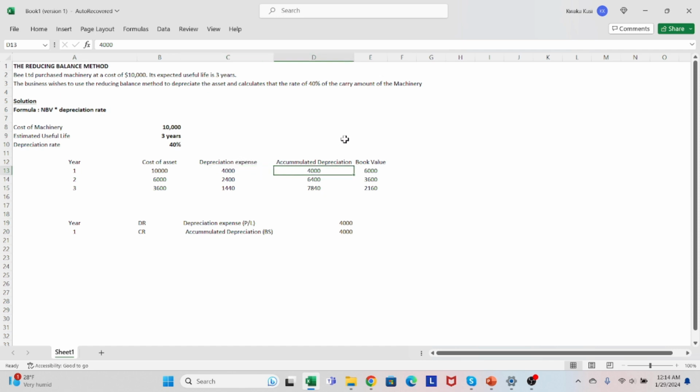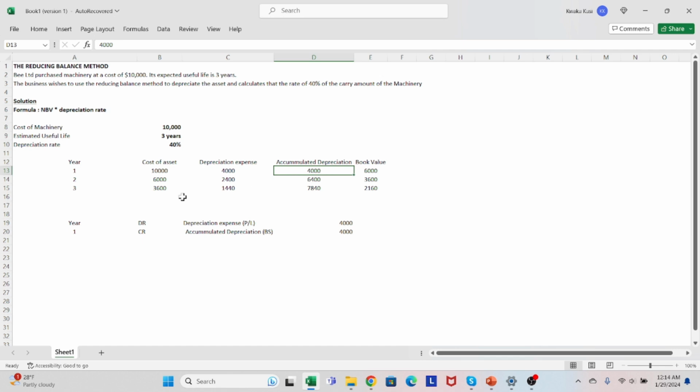The accumulated depreciation for the first year will be the same amount as the depreciation expense, which will also be 4,000. And the book value will be 10,000, which is the cost of the asset, minus 4,000 accumulated depreciation.